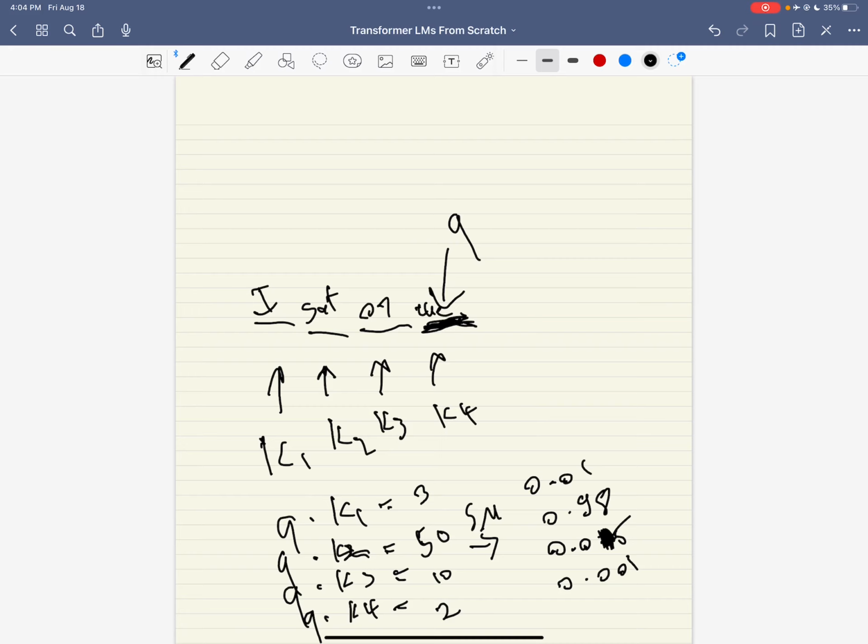So now we have these values, and they are going to be called attention values.